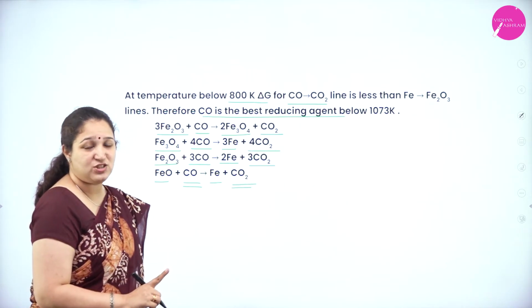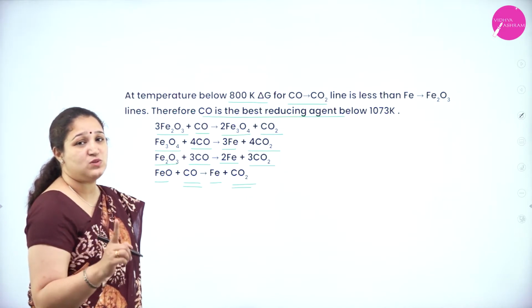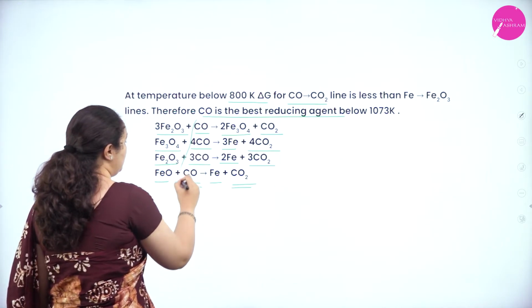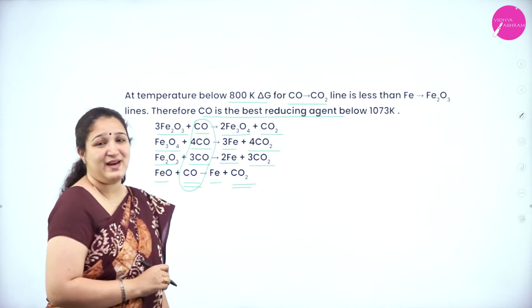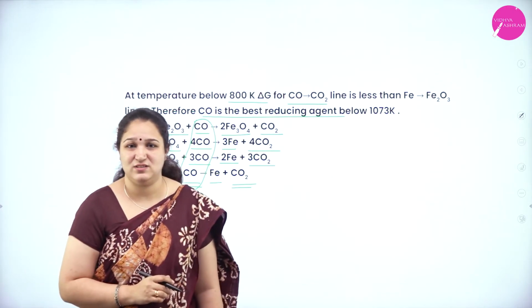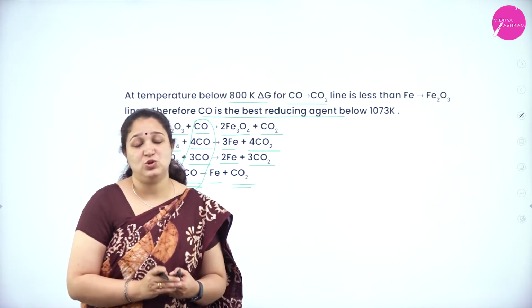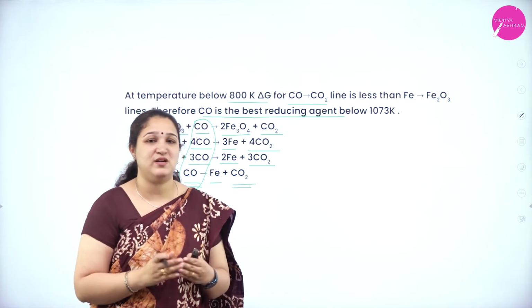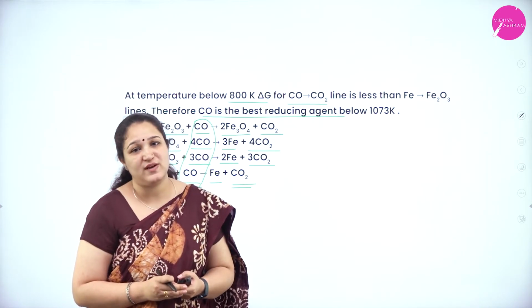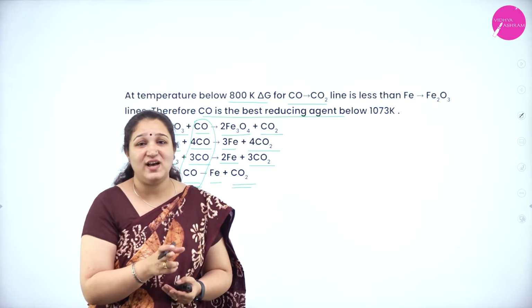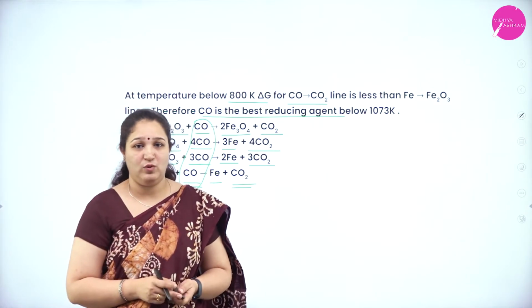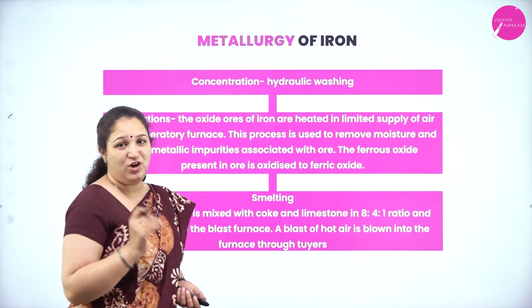All of these reactions are below 1073 Kelvin where you are using carbon monoxide as the reducing agent. So I hope you have understood why carbon monoxide is the best reducing agent below 1073 Kelvin for extraction of iron.